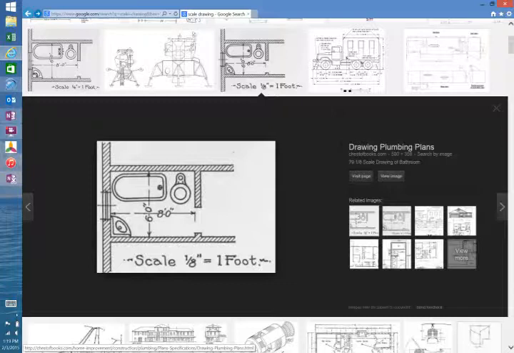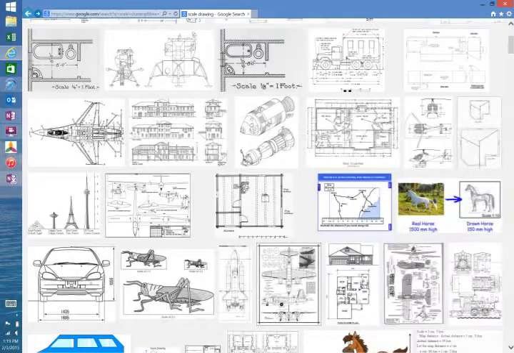The scale on the bottom says 1/8 inch equals 1 foot. Now, obviously, they've done that on their own. A lot of times when you see scale drawings, they'll be on graph paper or big sheets of graph paper, where one of the squares equals a foot or one of the squares equals 6 inches.